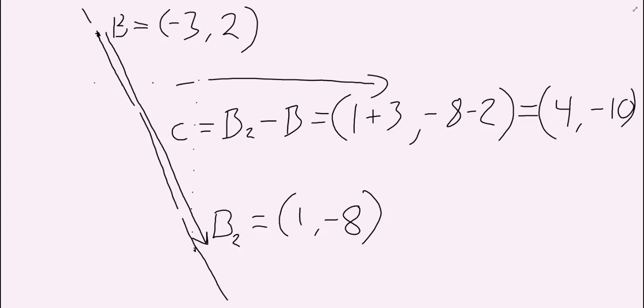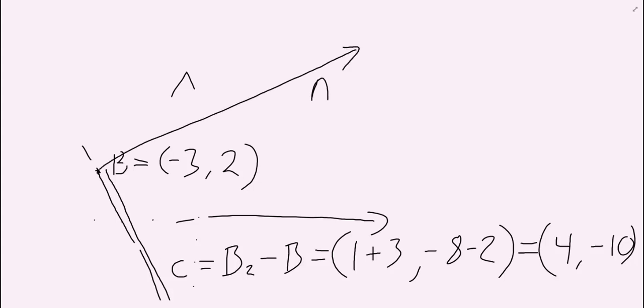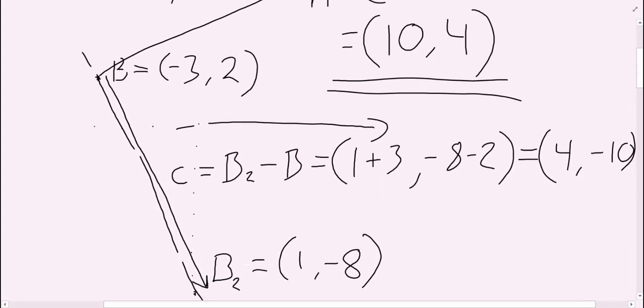Now the vector that we're interested in is in fact the vector N, which equals C perp, which equals, so we have 4, minus 10, then minus cy would give us 10, and cx would give us 4. So that's the vector N, but we're asked to give the point normal form in its entirety.